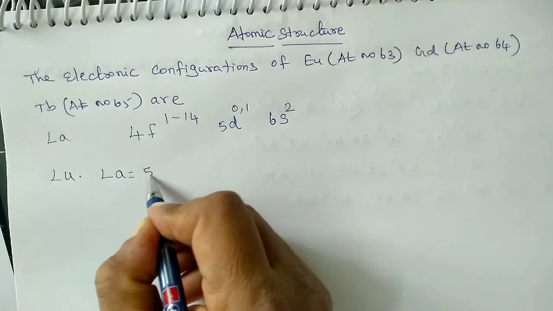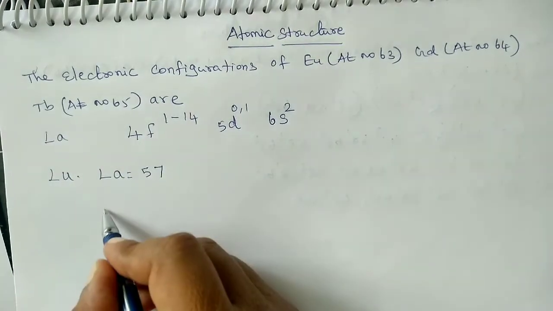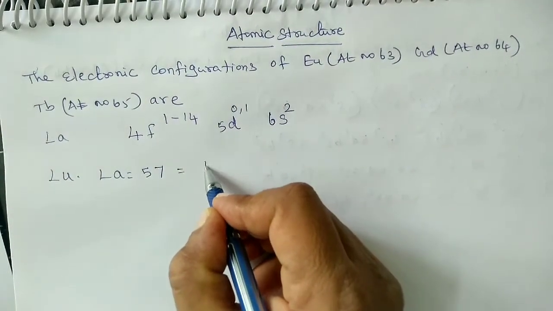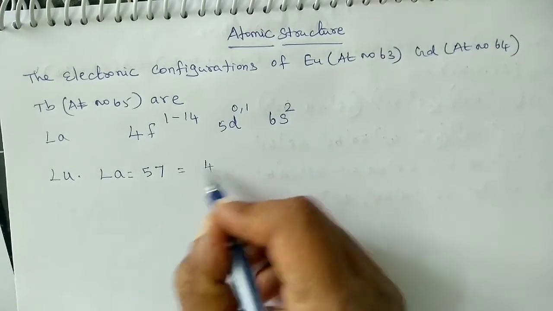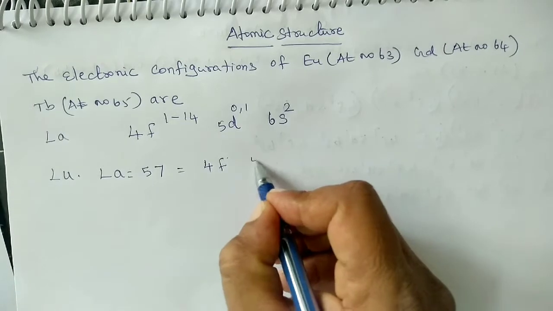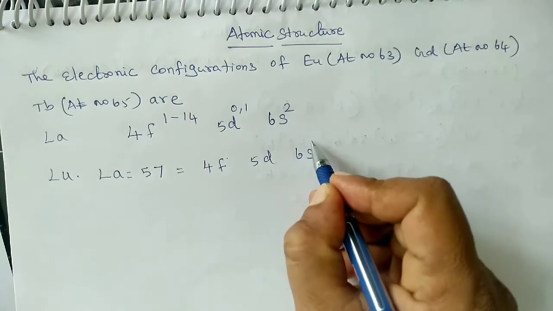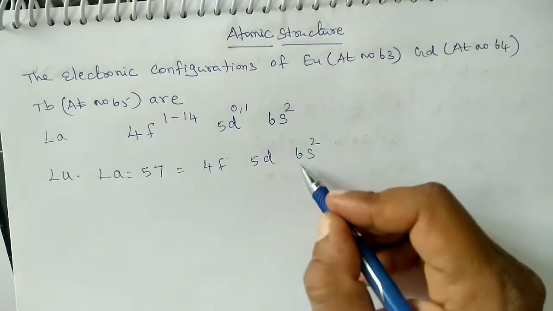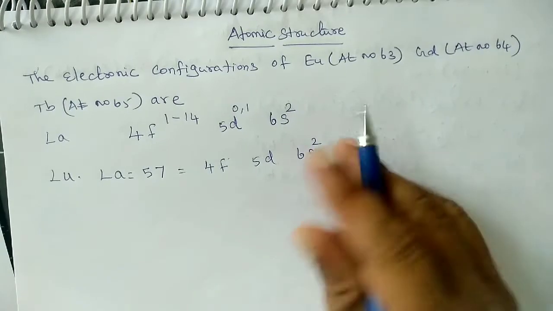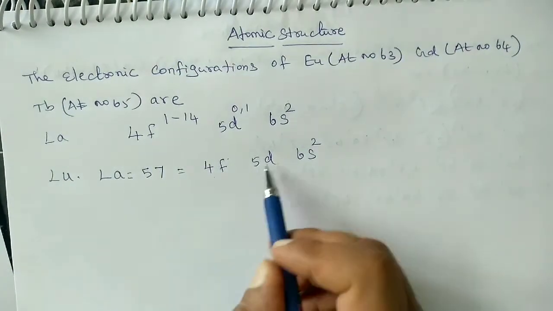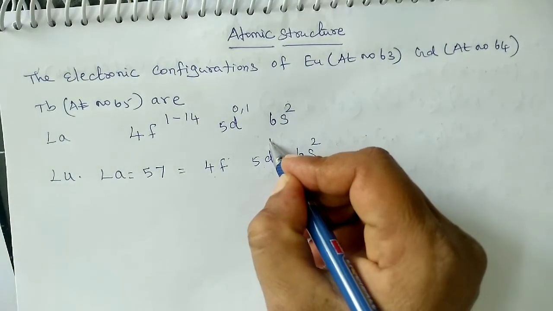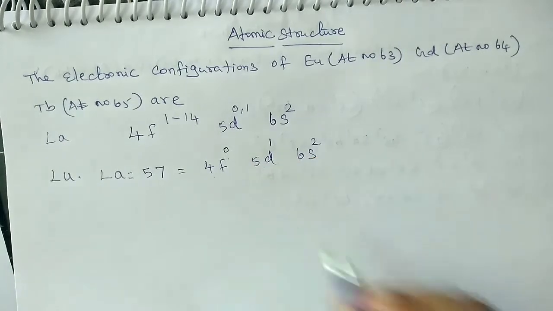Atomic number is 57, and for lutetium it is 71. For this series, the 6s orbital is fully filled. So first we write the 6s configuration as fully filled. For 4f and 5d in lanthanum, the first electron enters the 5d orbital. There is no electron in the 4f orbital in the case of lanthanum.